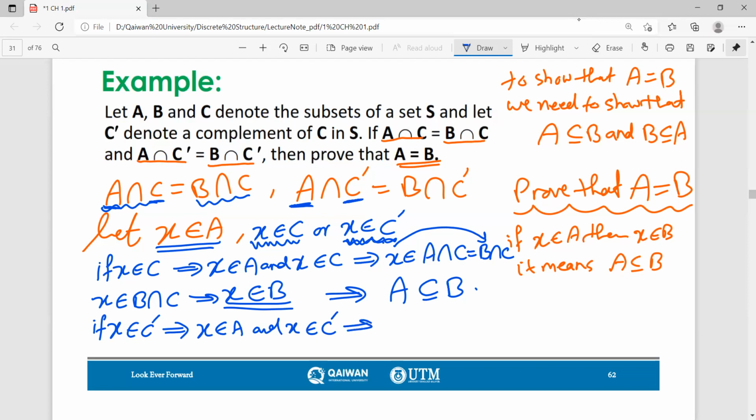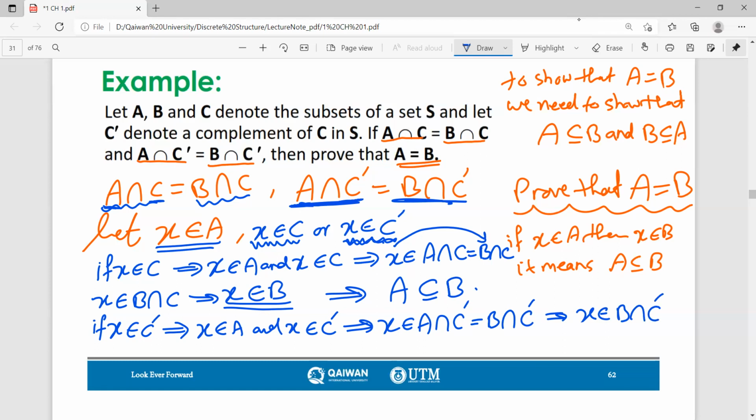So X is in A intersection C complement, and this equals to what? This equals B intersection C complement. So X is in B intersection C complement.